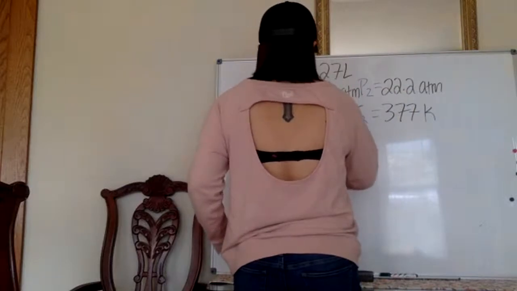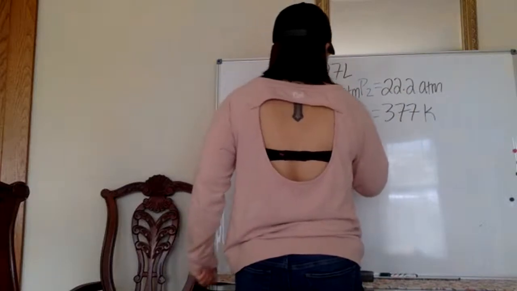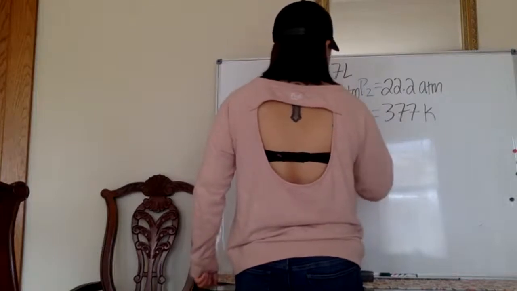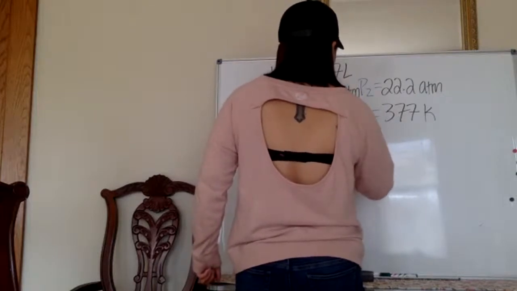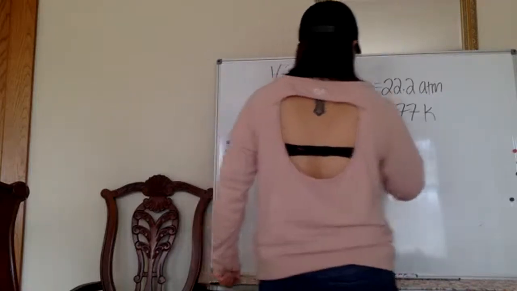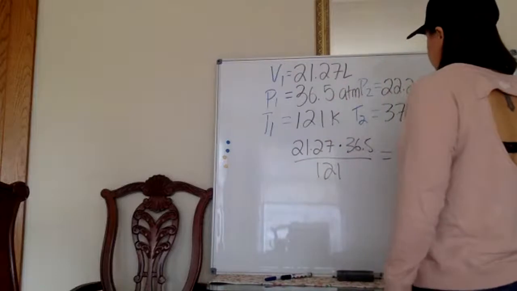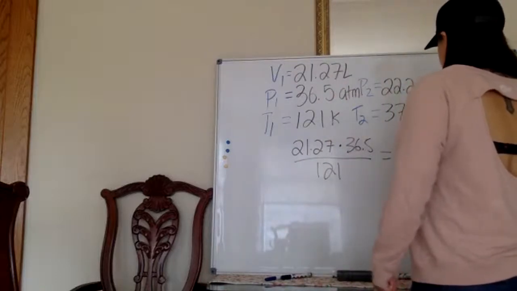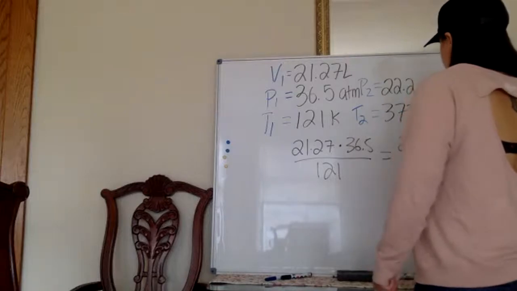So it's 21.27 times 36.5 divided by 121 gives you 22.2 times x all over 377.